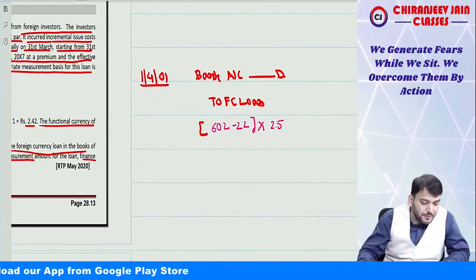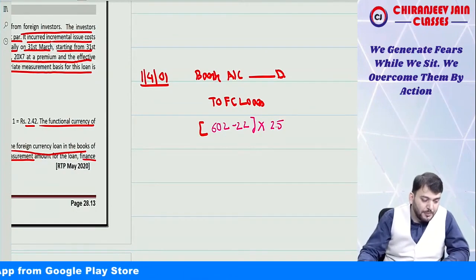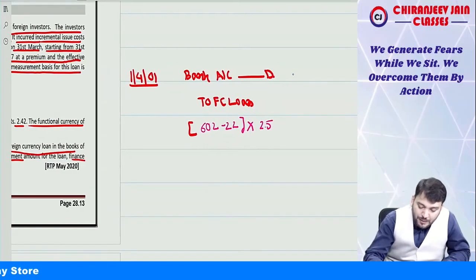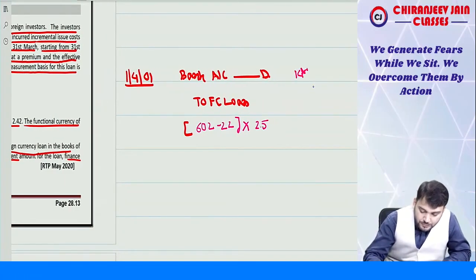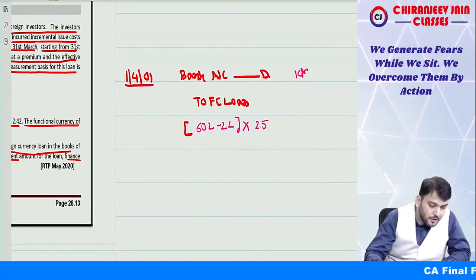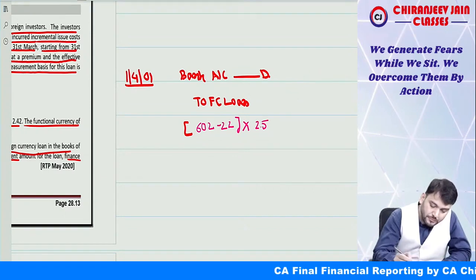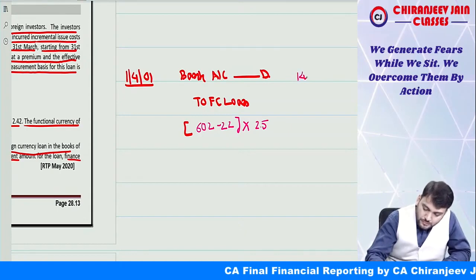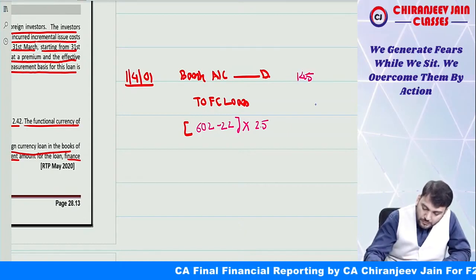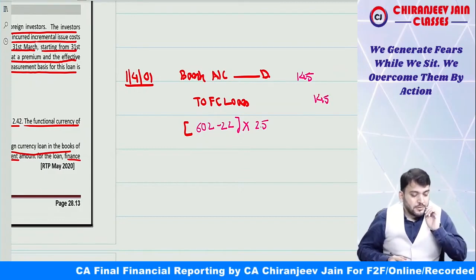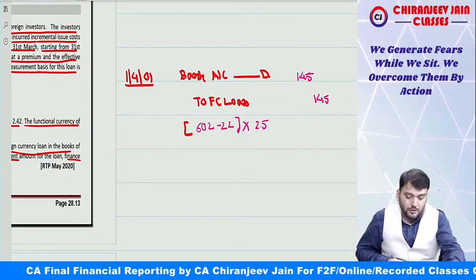So it becomes 58 lakh, and 58 lakh into 2.5 is 145 lakh. Have you understood this point?